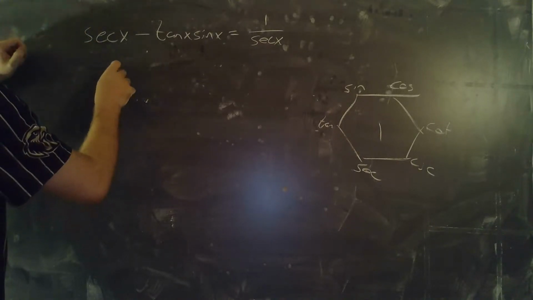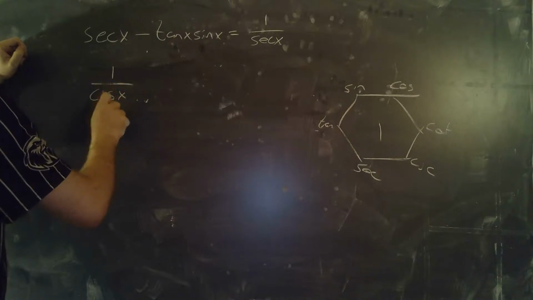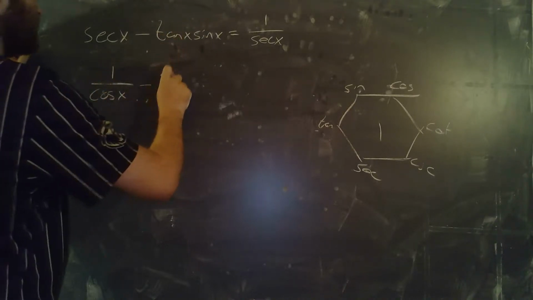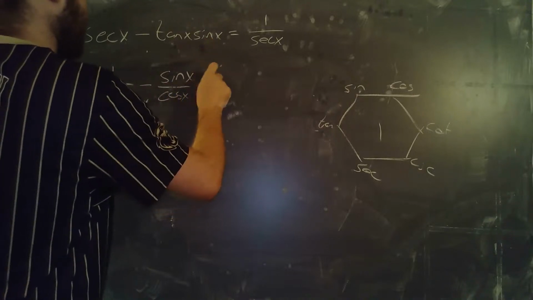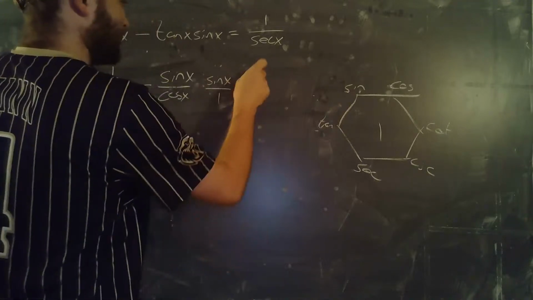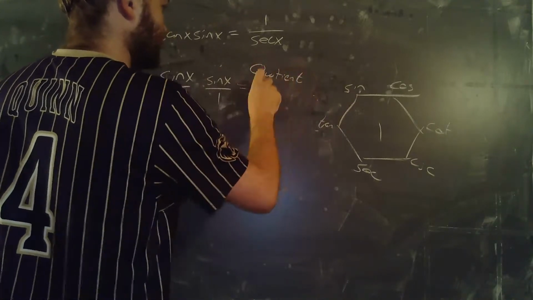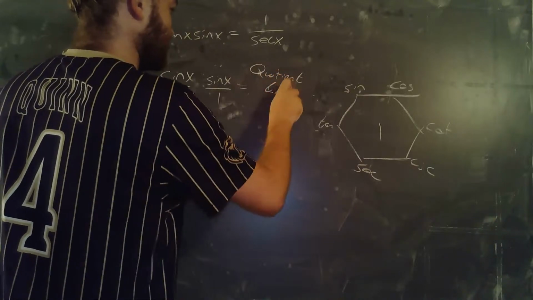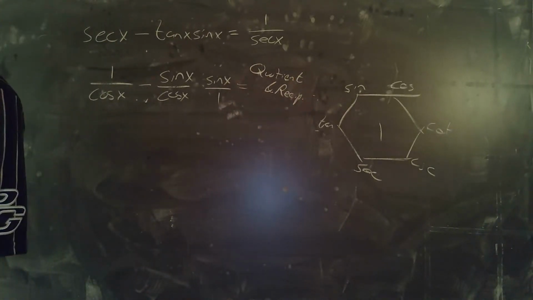So a secant from the big ideas, that's 1 over cosine of x, minus tangent, which is sine of x over cosine of x. And then sine is, of course, just sine of x over 1. What we did here, these are the quotient identities that allow us to do this, and the reciprocal identities that allow us to do this.